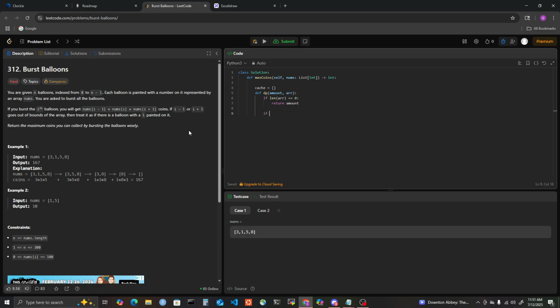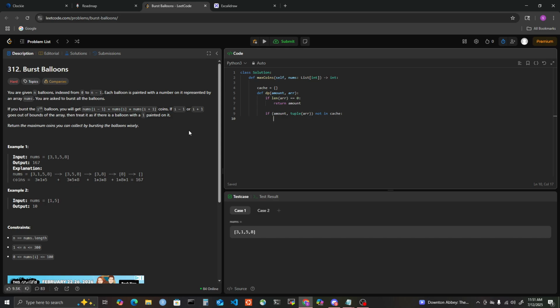And then I'm going to say, if amount and tuple of array, this is so bad, not in cache, then we do our check.